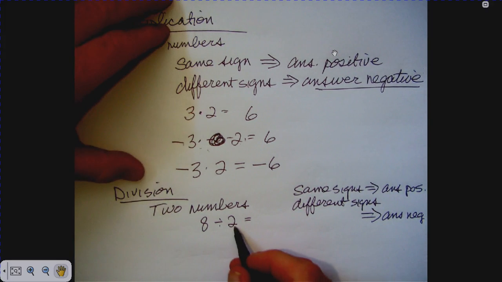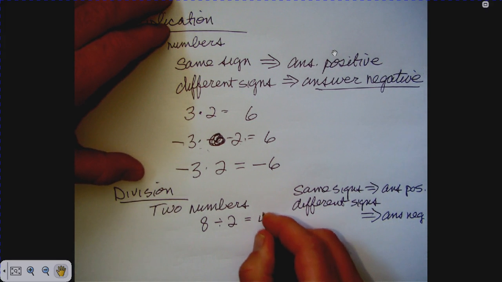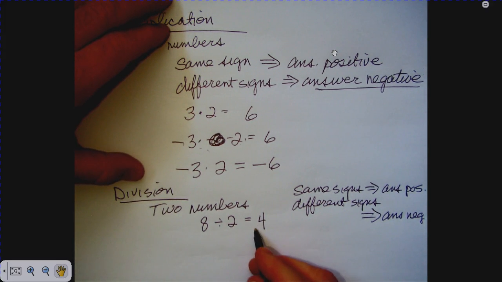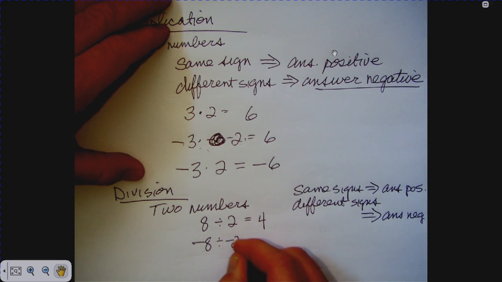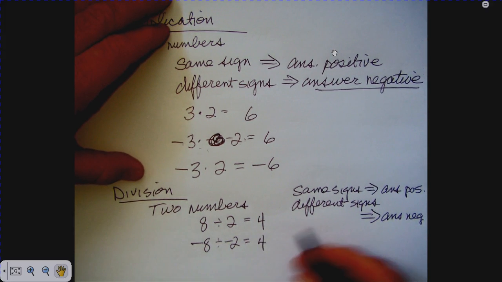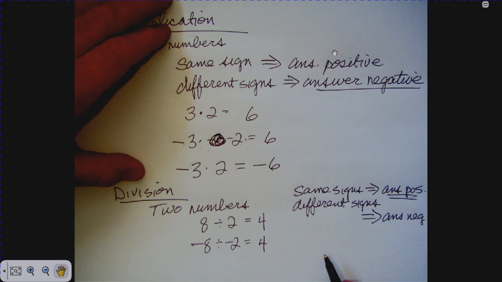Okay, so let's go back to that. 8 divided by 2, same signs. We do the division, and we get 4, and it's a positive answer. Let's say we have negative 8 divided by negative 2, same signs. The answer is going to be 4, positive, because that's the rule. Okay?